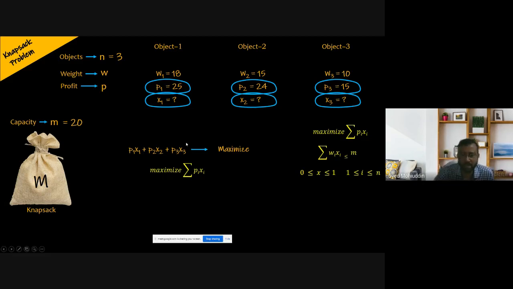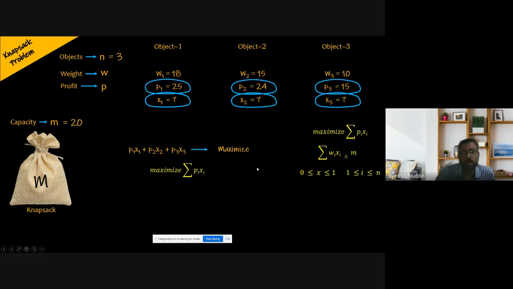If we generalize this for n objects, we have the summation of Pi Xi, where i lies between 1 and n, and Xi is between 0 and 1. That's what we have seen.